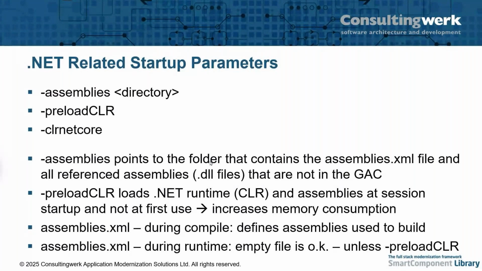So the minimum requirement for the folder with the -assemblies parameter is to have an assemblies XML file, which could be empty. It needs to be a valid XML file. It needs to have the assemblies node as the root node. If that is not there, the progress runtime will throw an error when you're using -assemblies to point to a folder that doesn't have that.